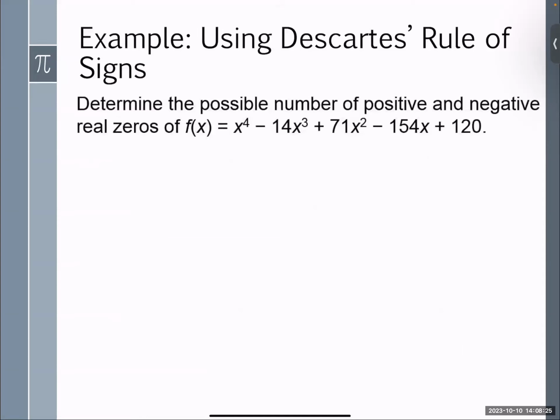Let's determine the possible number of positive and negative real zeros of f of x equals x to the fourth minus 14x to the third plus 71x squared minus 154x plus 120. The first thing we're going to do is count the number of sign changes in the function.